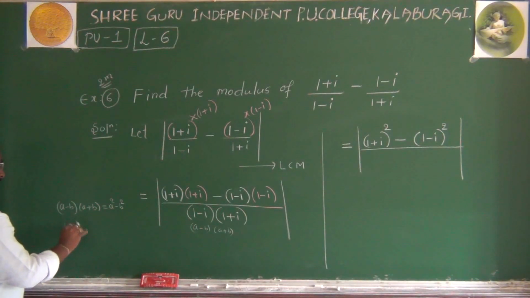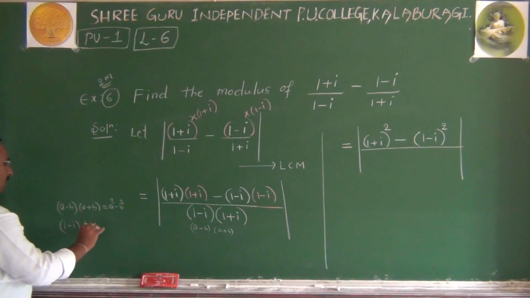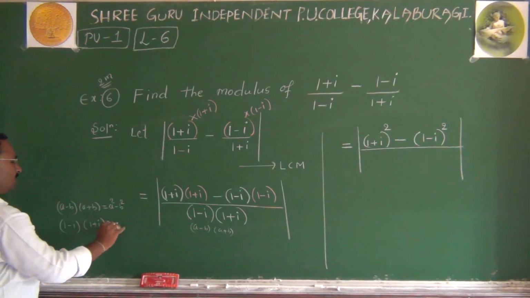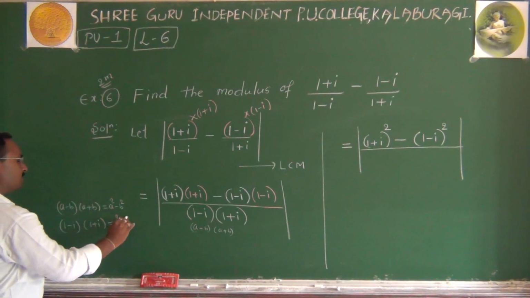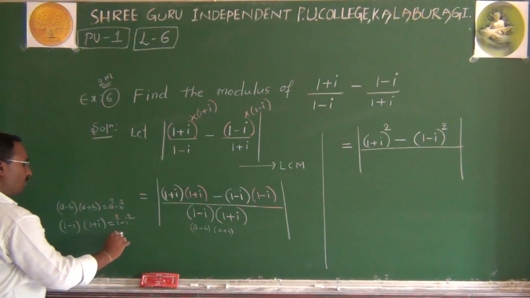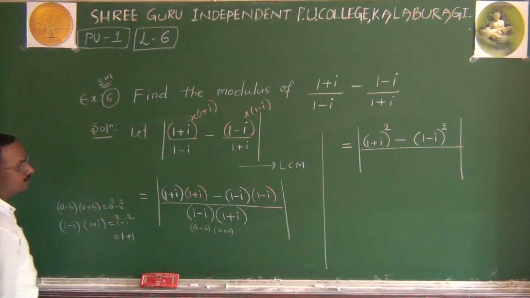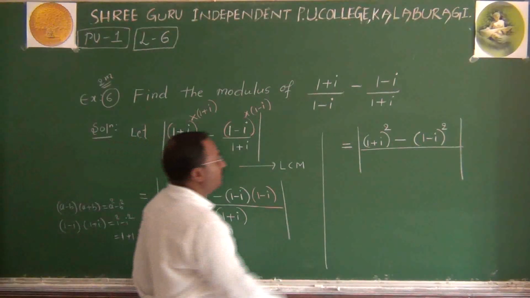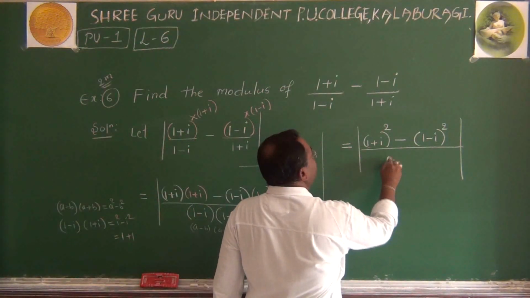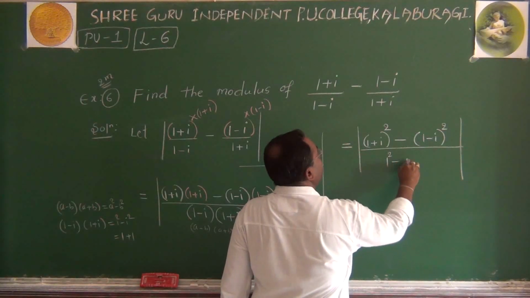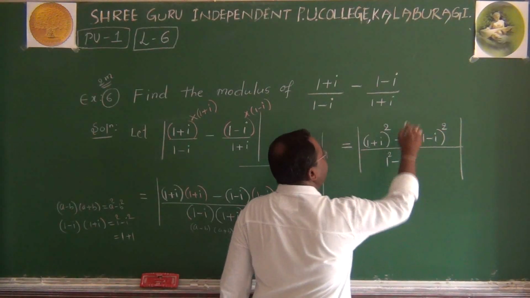Here it is 1 square minus i square. 1 square is 1, i square value is minus 1, minus minus plus. So the denominator is a square minus b square, that is 2.